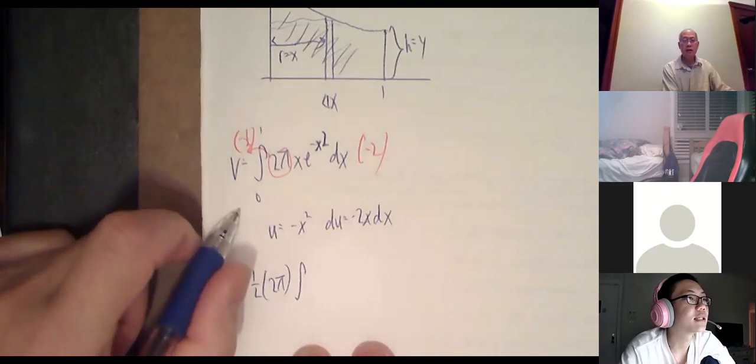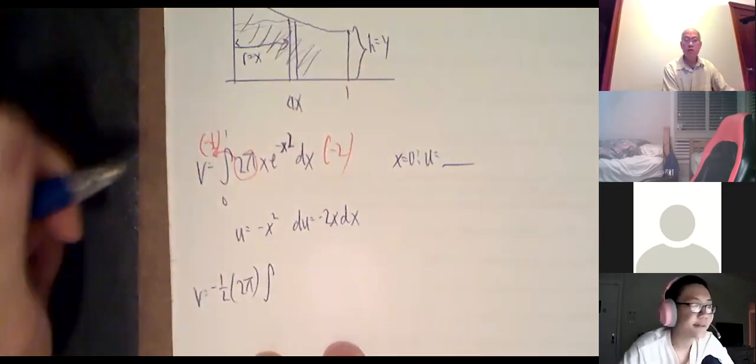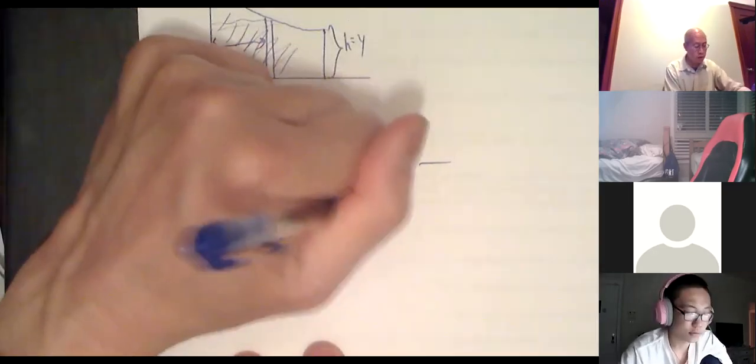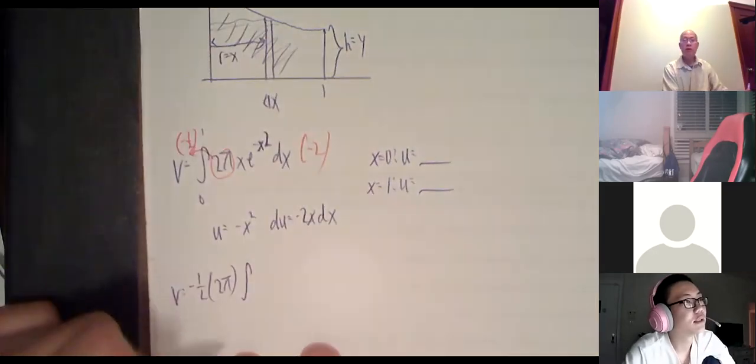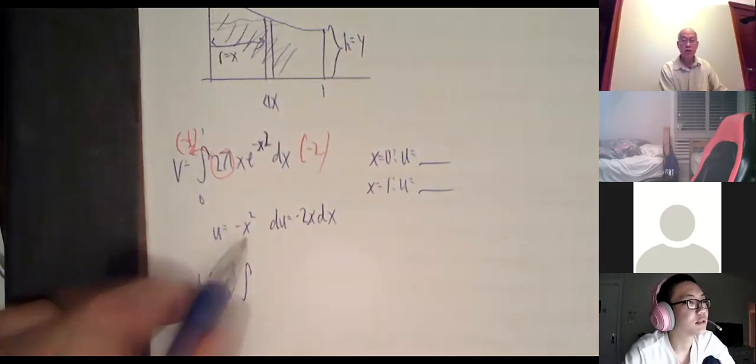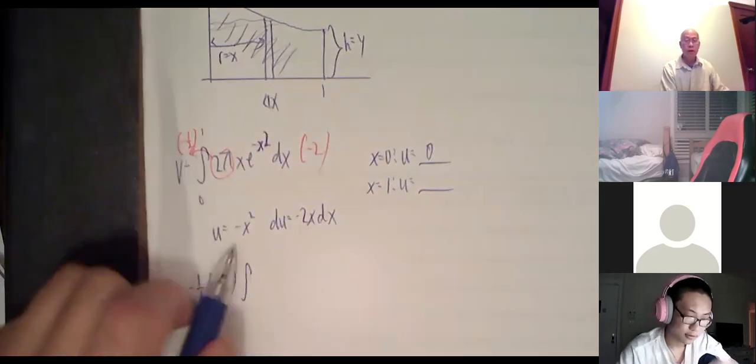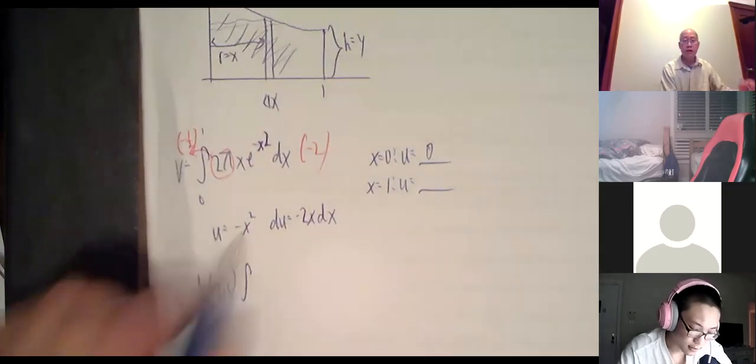And I change the limits. When x is 0, u equals something, and when x equals the upper limit of 1, u equals something. So I plug in. When I plug in 0, I get 0. If I plug in 1, I get -1.